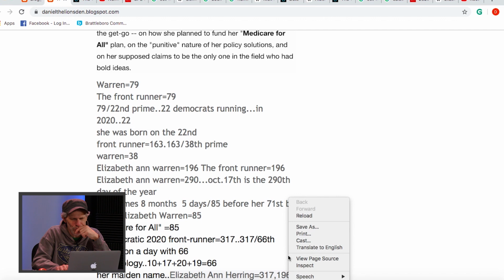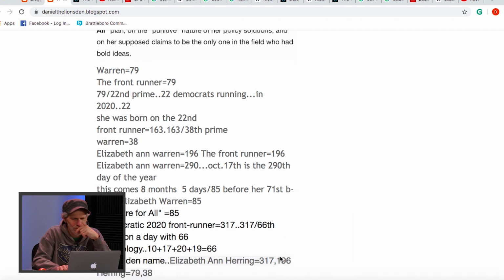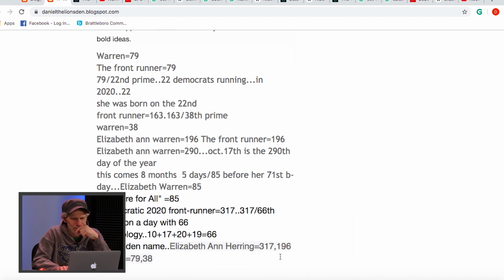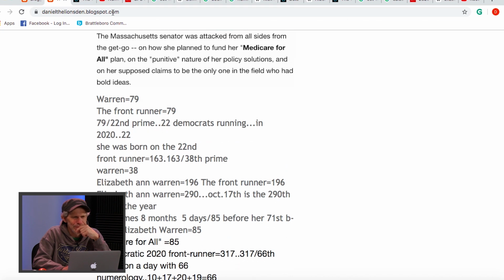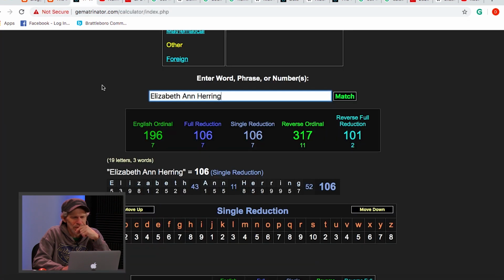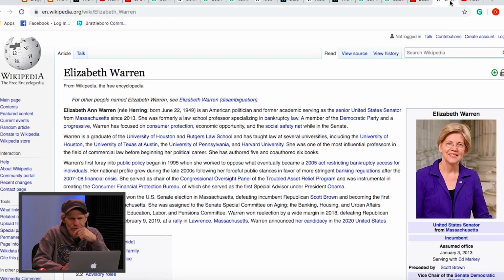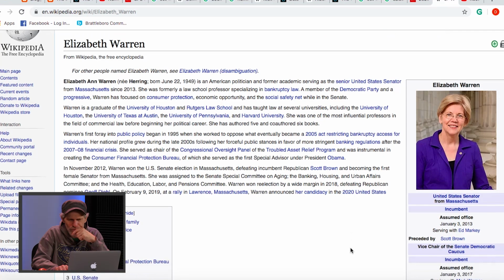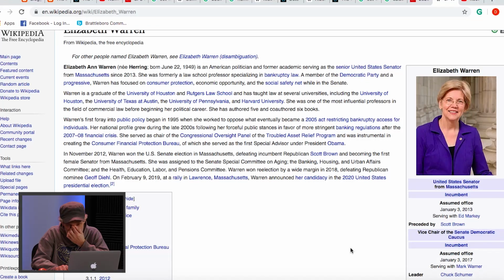The front runner equals 196 as well. You know, you couldn't script this any better. Elizabeth Warren, there she is. Assumed office in 2013. Look at all these 13s. January, first month, 1-3-1-3.